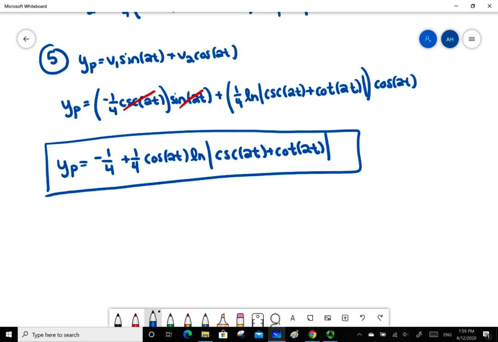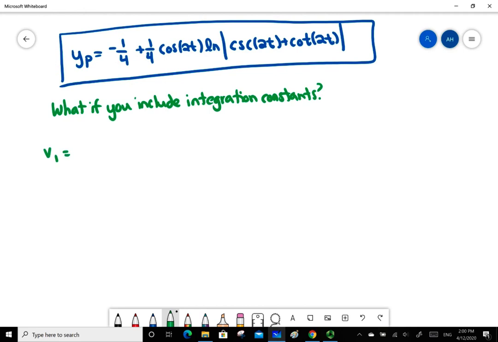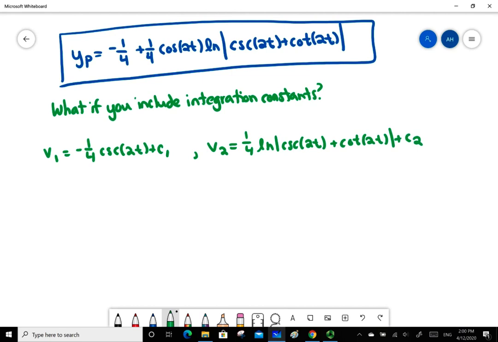But before I end the video, let's see what would have happened if we had included integration constants when we found v1 and v2. We would have written v1 = -1/4 csc(2t) + c1, and v2 = 1/4 ln|csc(2t) + cot(2t)| + c2.